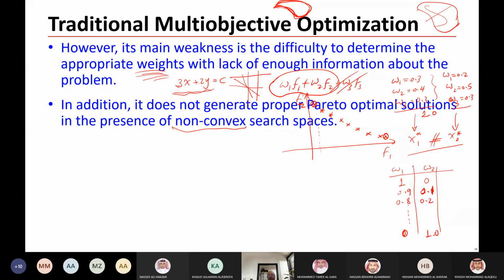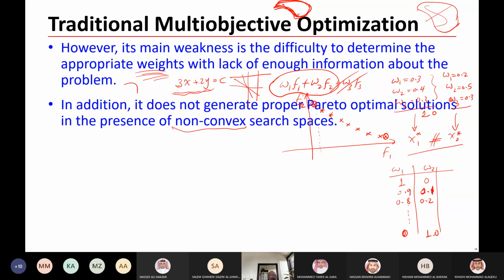It's non-convex. Why? If we have two solutions, one here and one here, and the search space is convex, all points on the line between them will completely lie in the search space.